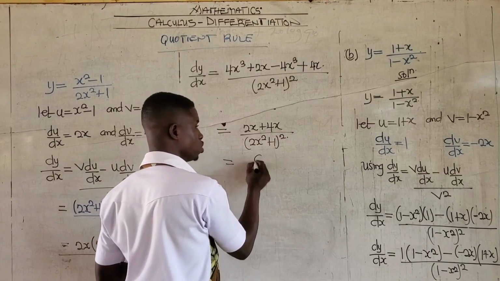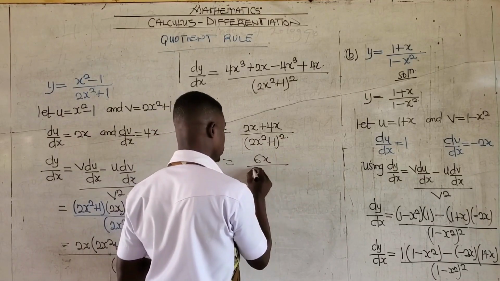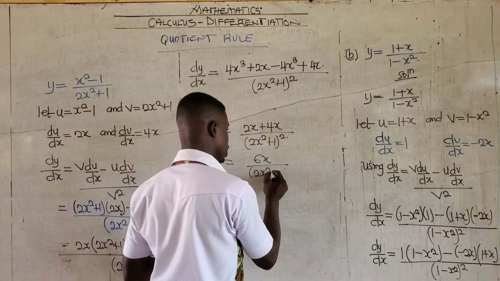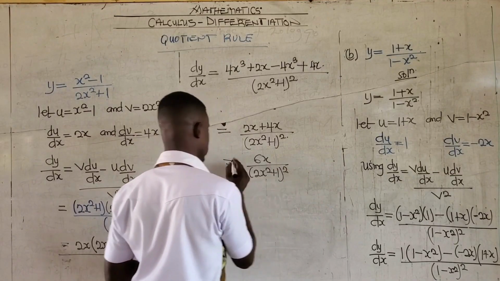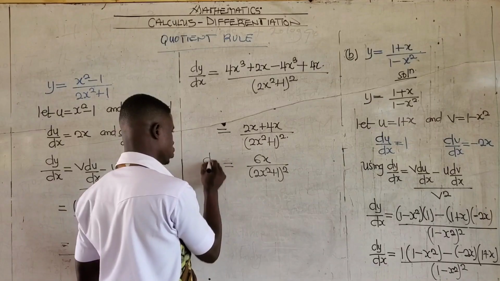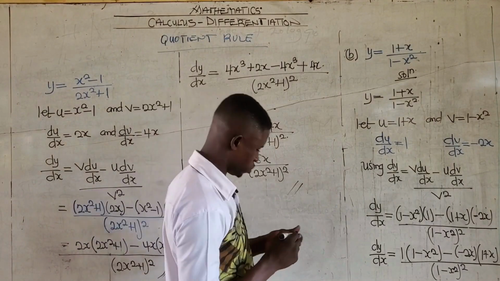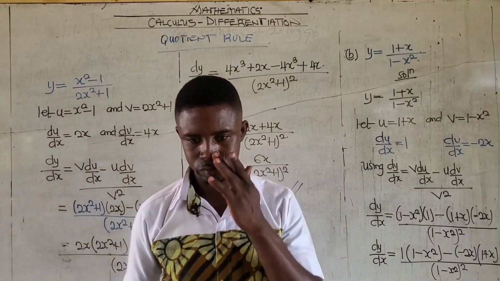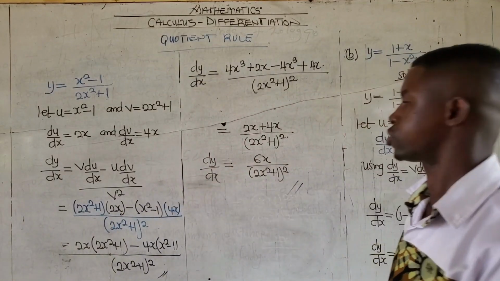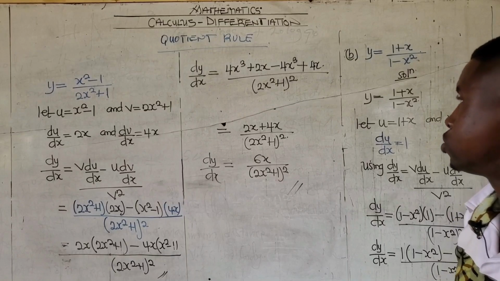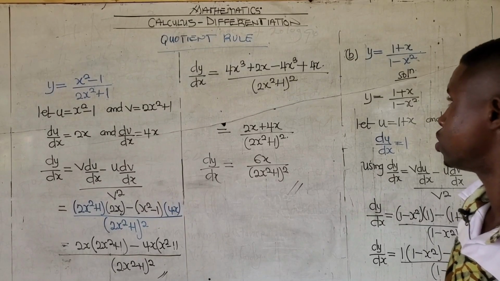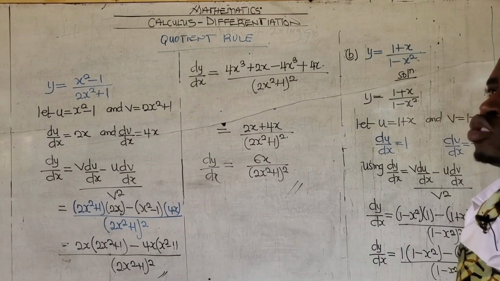And this is equal to 6x over 2x squared plus 1 all squared. It is subtraction.